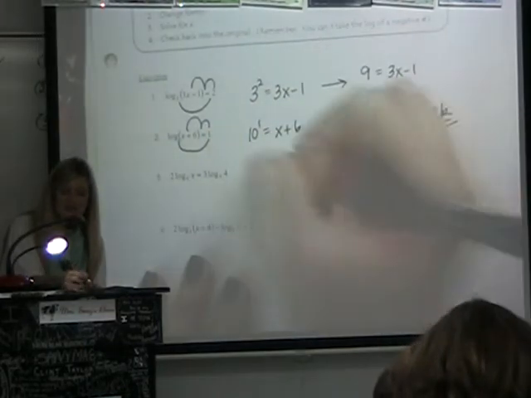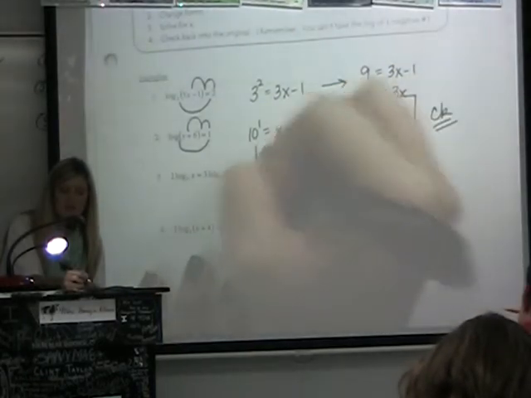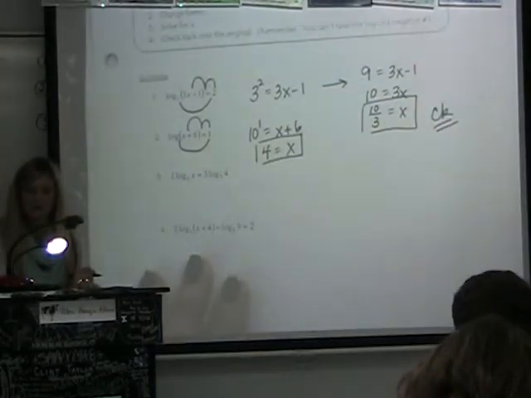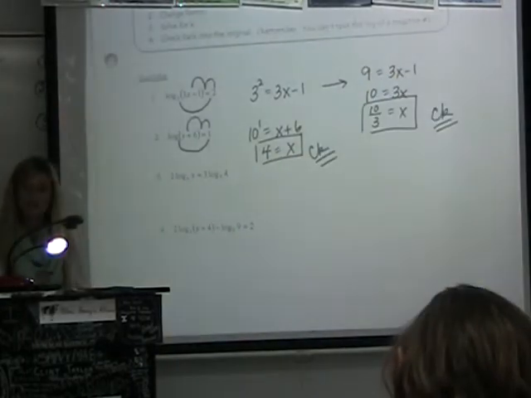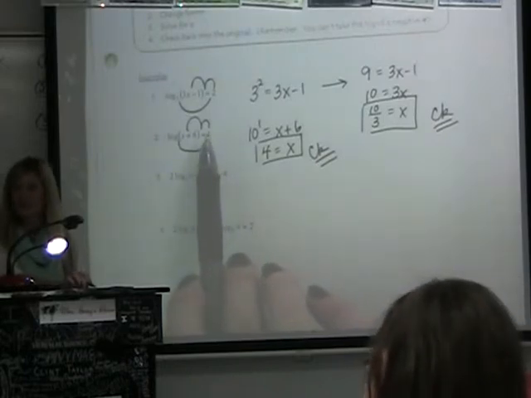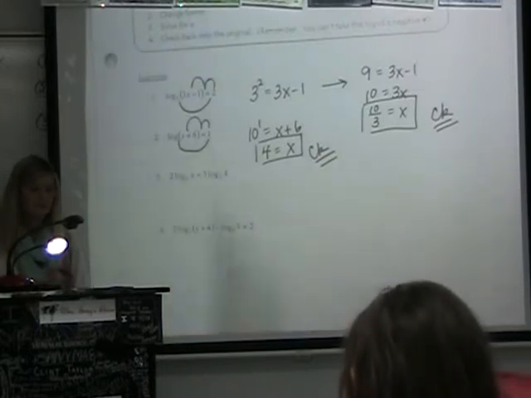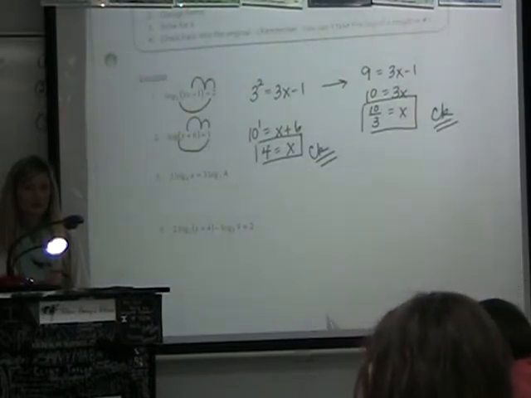Well, that's pretty easy. X equals 4. Does 4 work back in the original? When we check it, sure does. When you put 4 in for x, 4 plus 6 is definitely a positive number. And that's really all you're checking for. Everybody okay so far?